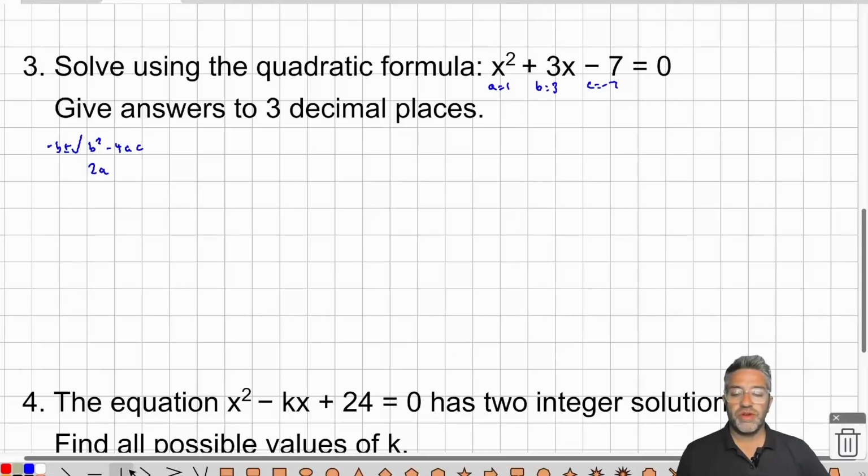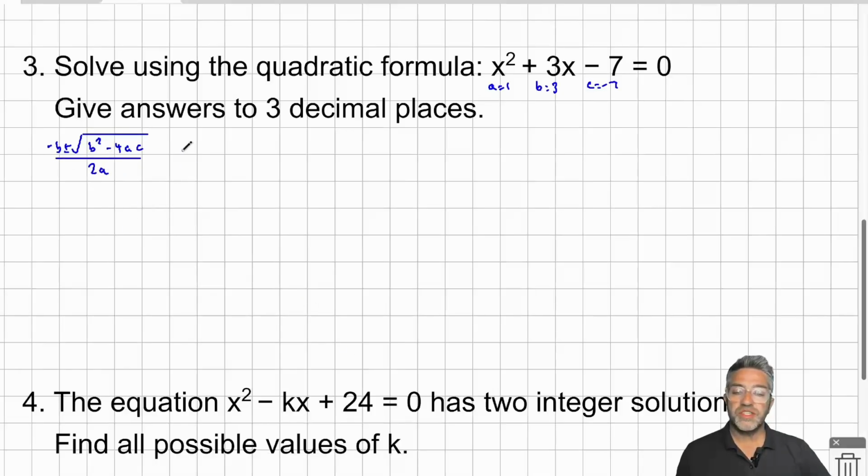Now if I just draw in my lines here, just for that absolute clarity, I'm going to use a ruler as well to keep things neat. So substituting in, I'll have minus 3 plus or minus the square root of 3 squared minus 4 times 1 times negative 7 all over 2 times 1.